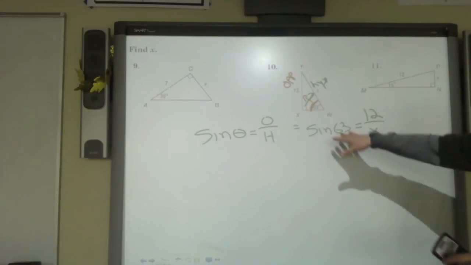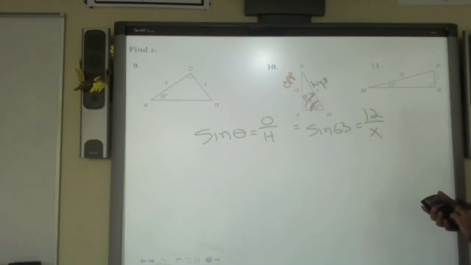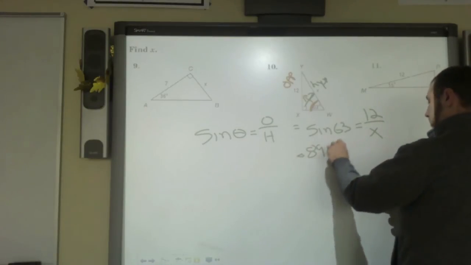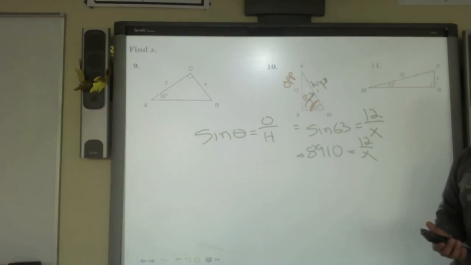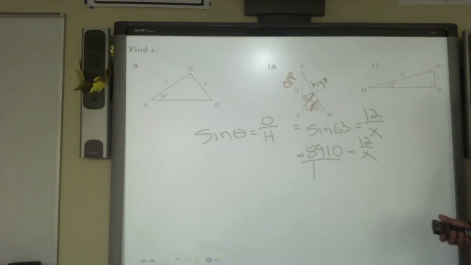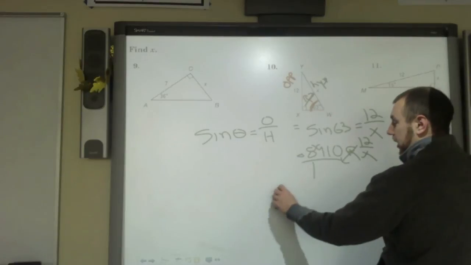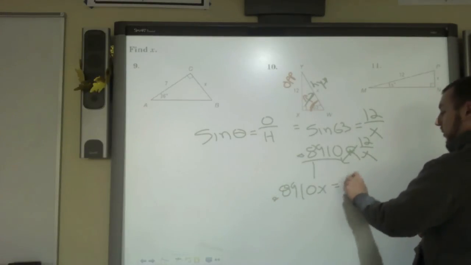So the first step I do is I find the sine of 63. 0.8910 equals 12 over x. And this is where I added in that 1, because now I have to cross multiply. Now I get 0.8910x equals 12.